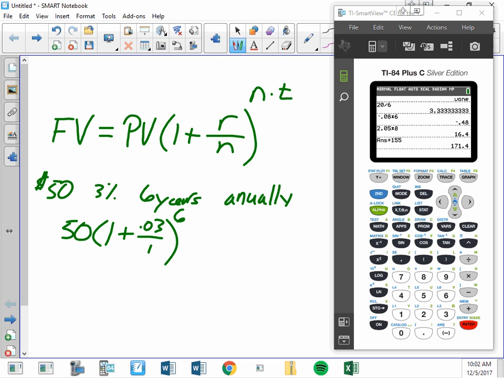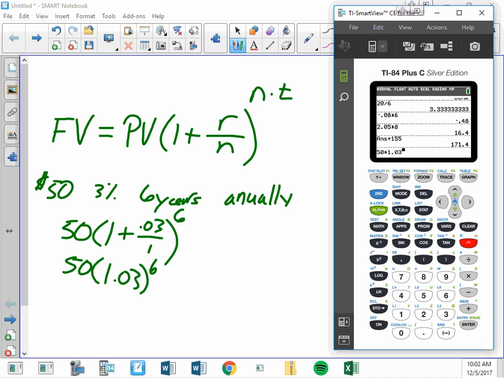That basically comes down to 50 times 1.03 to the 6th. Right? That's our old formula. And whatever 50 times 1.03 raised to the 6th is, we will end up with $59.70.